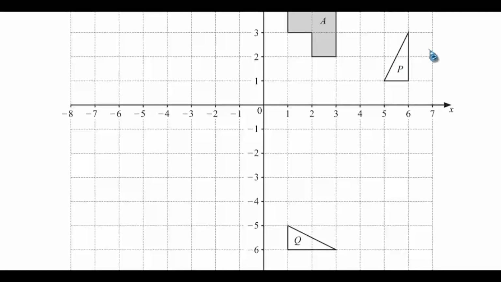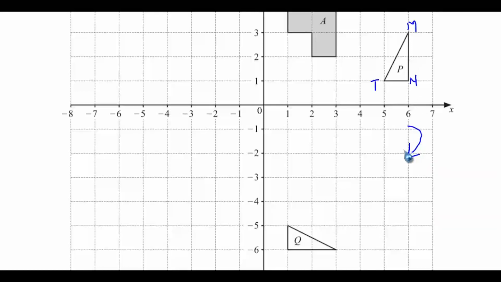Okay, so let's label points, the points of triangle P. So starting with, let's say M here, then N, then let's say P. Oh, sorry, we have used P. So let's say T. Then if you look at this object, the object was rotated towards this direction.